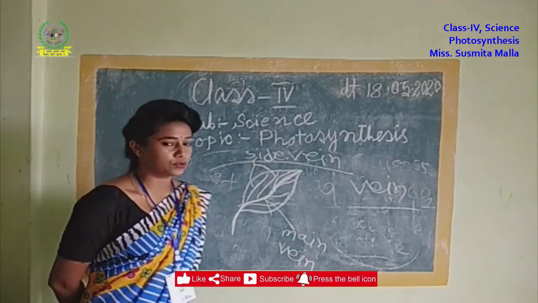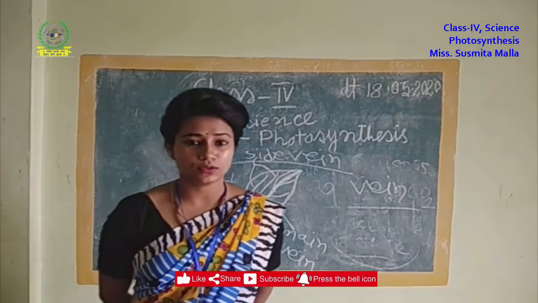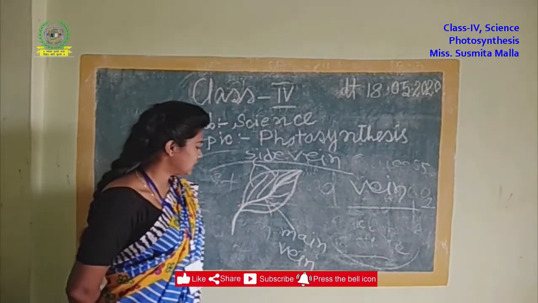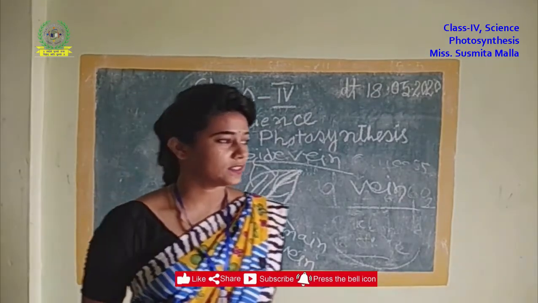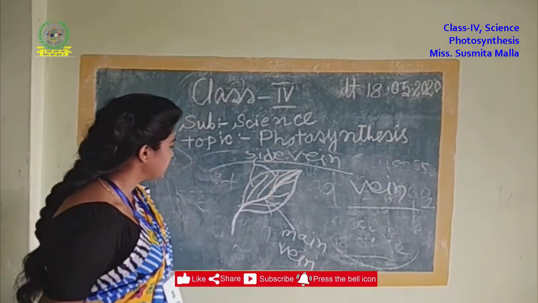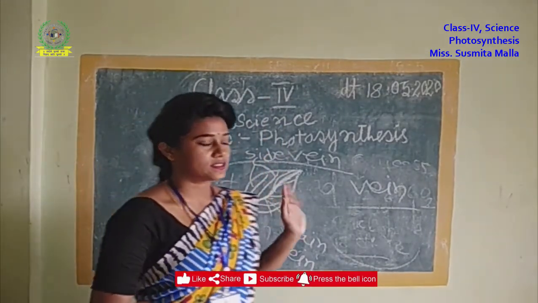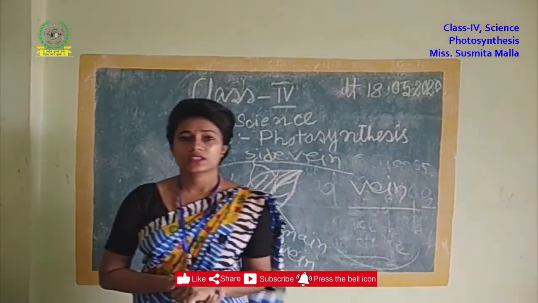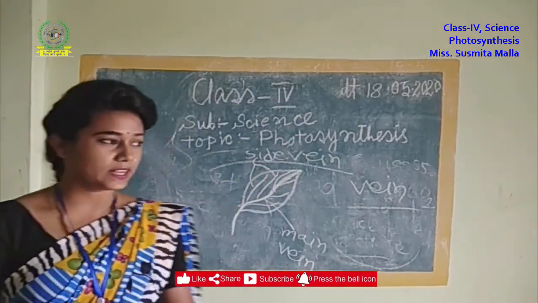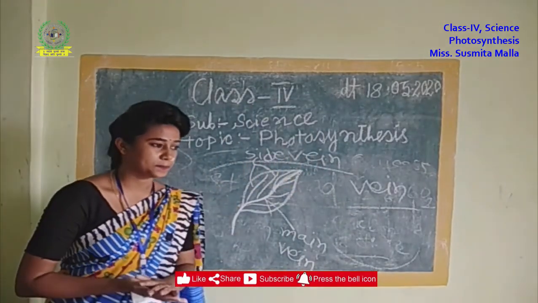The extra food is stored in the form of starch in different parts of the plant, such as leaves, stem, root, branch, seeds, etc.